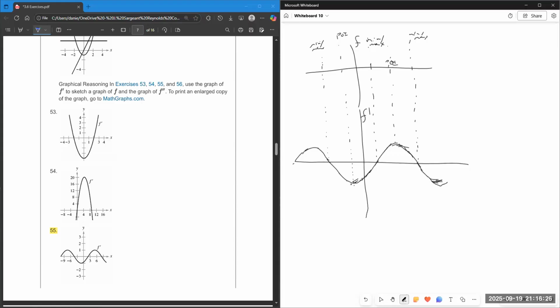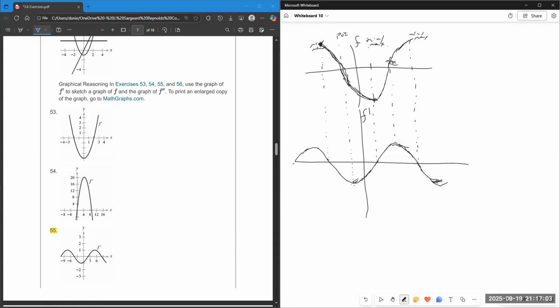All right, so I'm going to maybe make this the maximum right here, and then the minimum right here, and a point of inflection somewhere in between, like this, and then another point of inflection and a maximum, something like this.